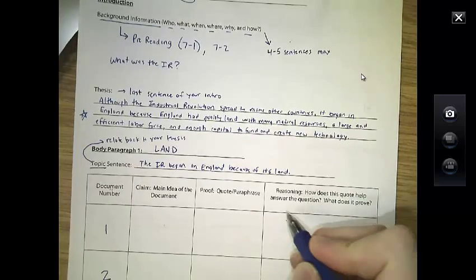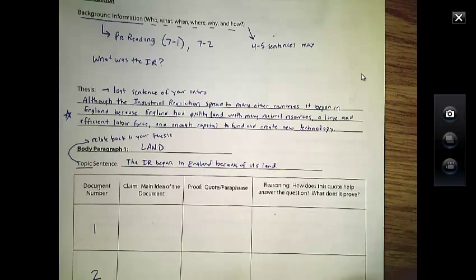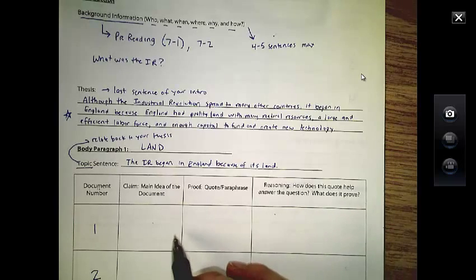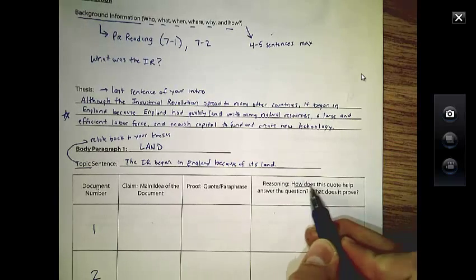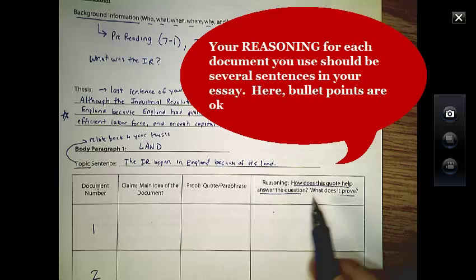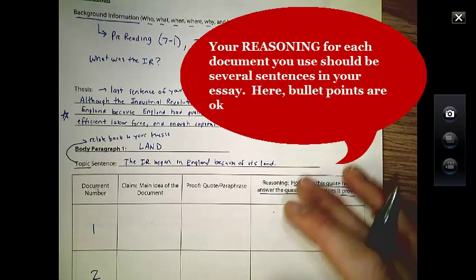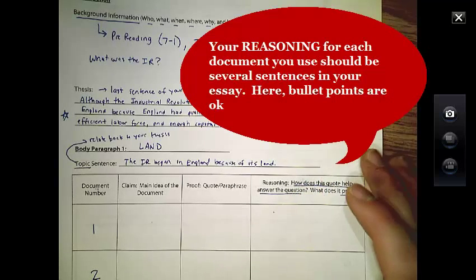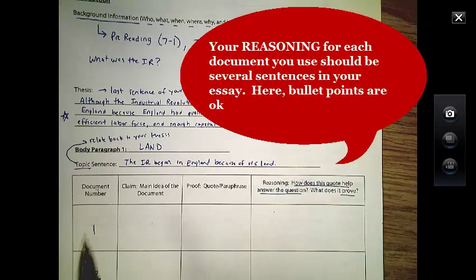Okay? Now the reasoning part is when you take this information that you put here and tell us, how does this quote help answer the question, what does it prove? This is where your analysis comes in, and this should take up the bulk of your paragraph. Okay? So according to document 1, this is the main idea. Here's my proof.